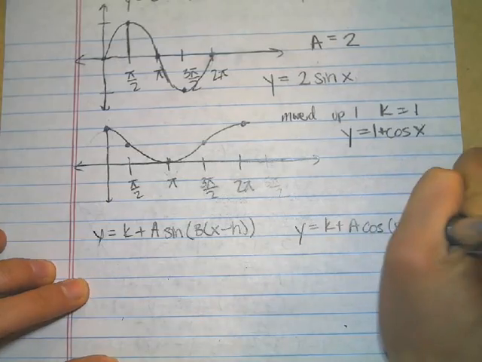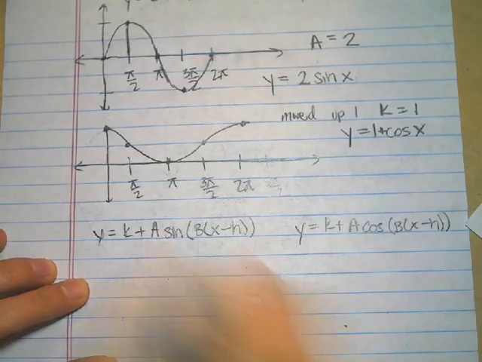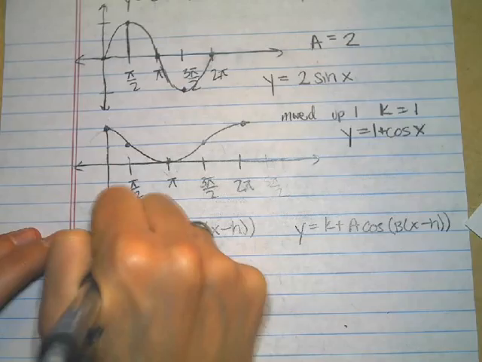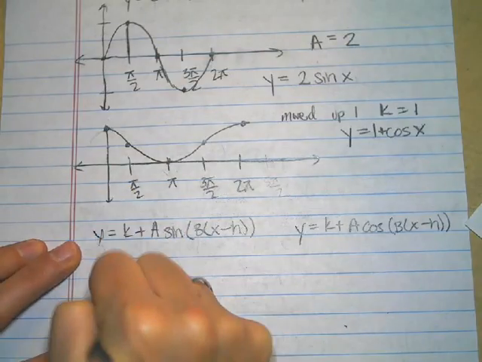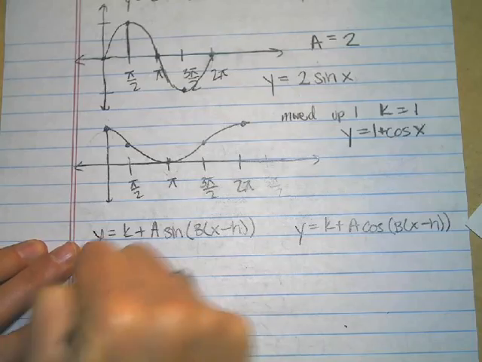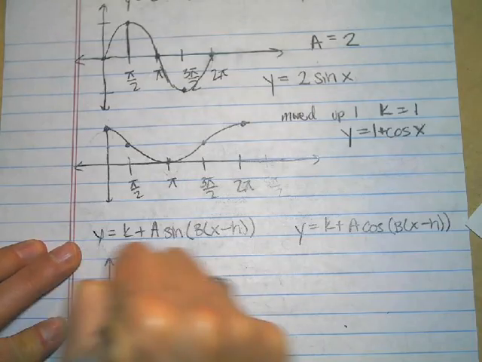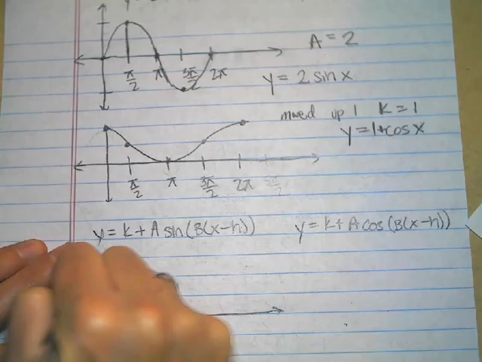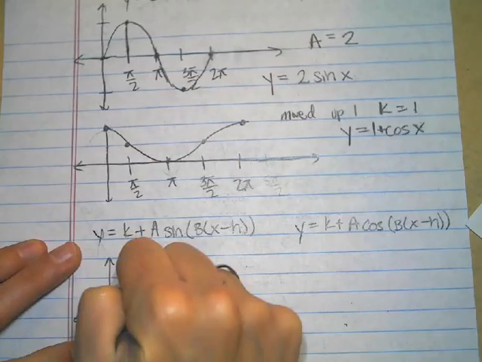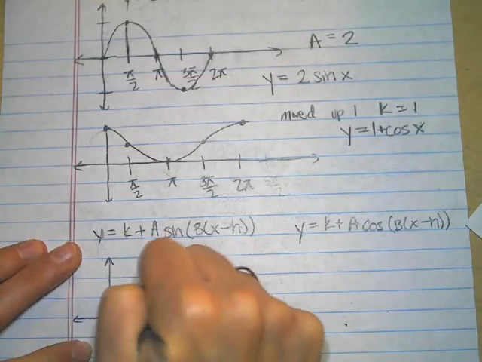Okay, so here's the graph I'm going to do. One cycle. First of all, what kind of graph is this? Sine or cosine? Sine, good, because it started at 0. Y equals something with sine in it, so I'm going to put sine.